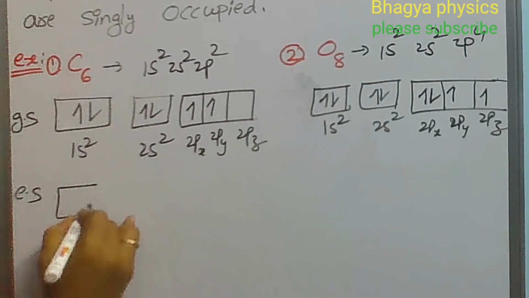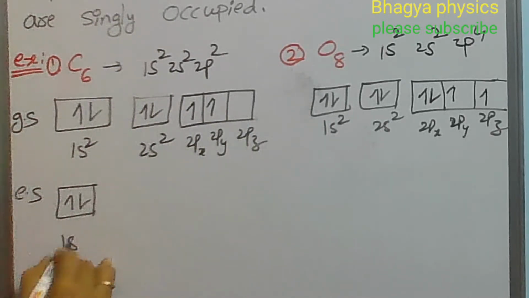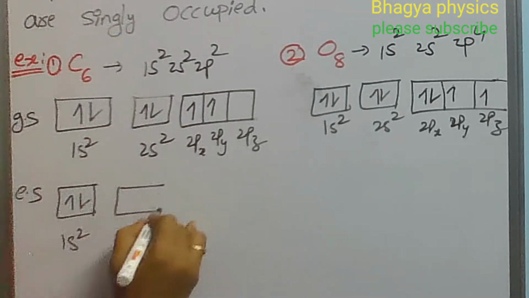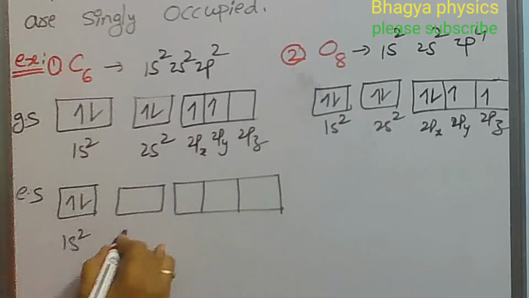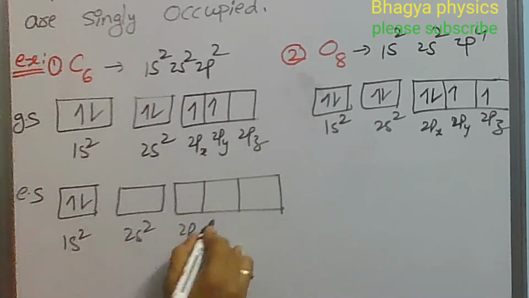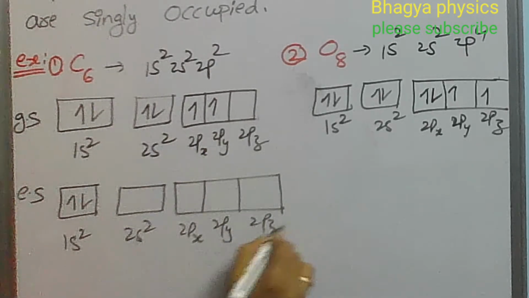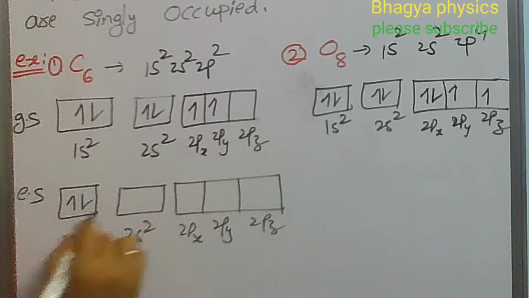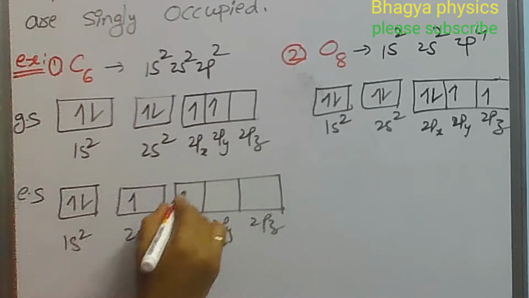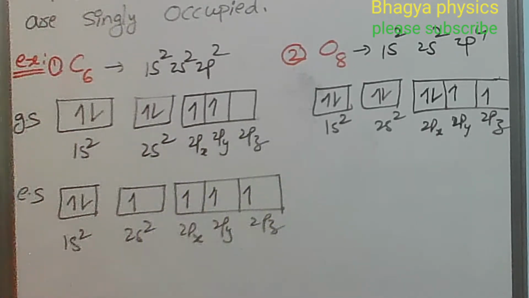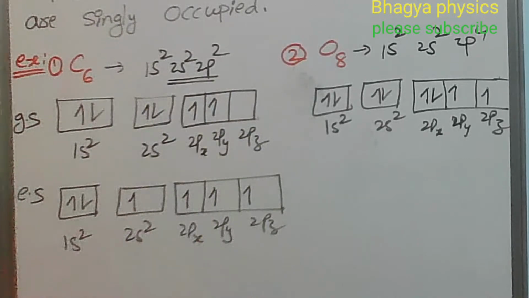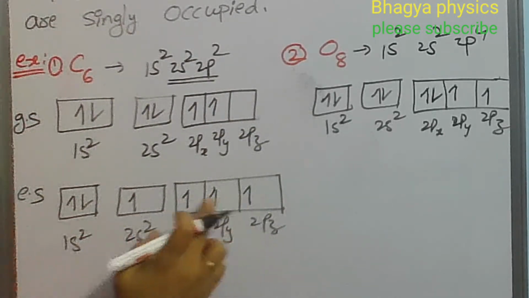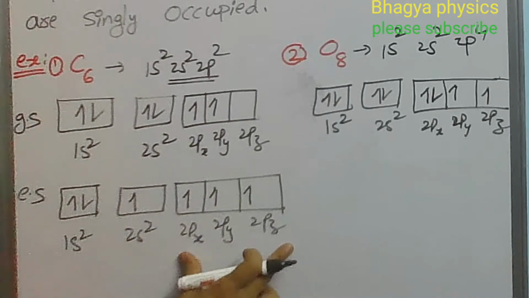In the excited state, there is no change in the 1s2 orbital. Then 2s2 and 2px, 2py and 2pz orbitals. In the excited state, the electrons will first singly occupy all degenerate orbitals, then start pairing. The second orbit contains 2 plus 2, 4 electrons, which enter the 2s and the three degenerate orbitals.